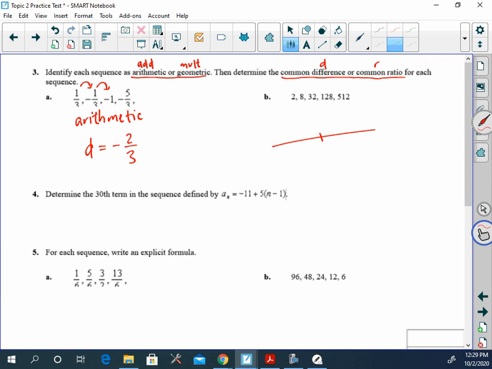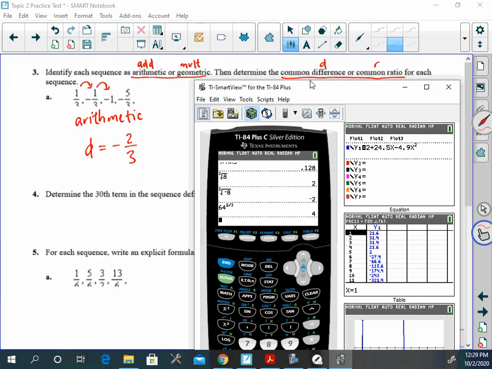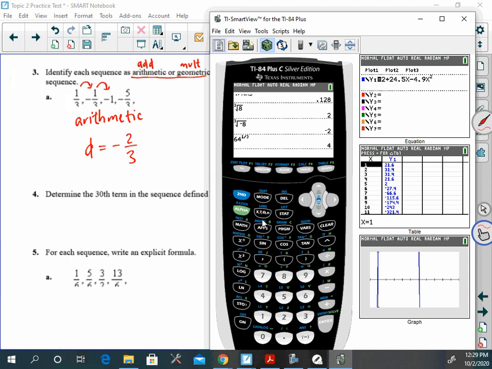Another thing that you could look at is if you have your calculator. So I'll grab my calculator here, and you can find what that difference is. Remember, it's a common difference. Oops, so I'm going to clear out what's in here. And if you subtract these, it'll tell you. So if I take the second term, -1/3, I put a parenthesis, -1 divided by 3. And then I subtract the 1/3 that's in the front.